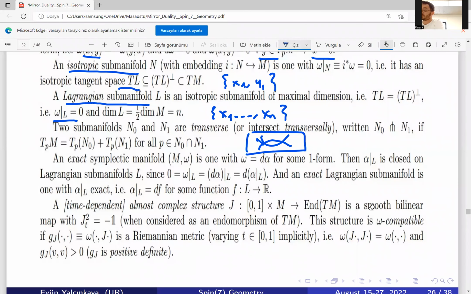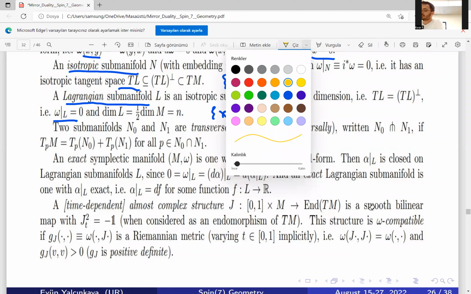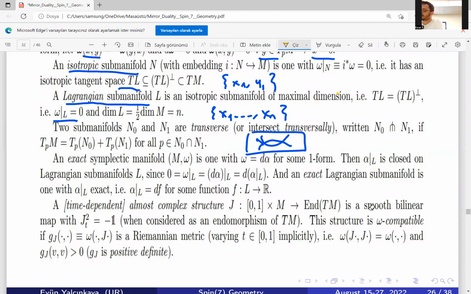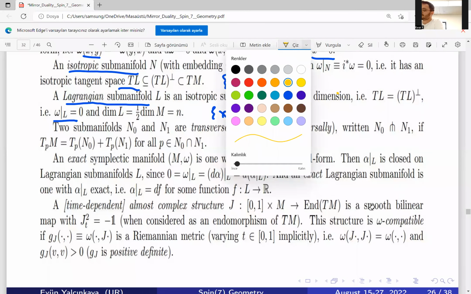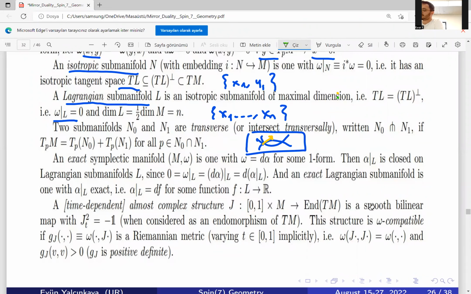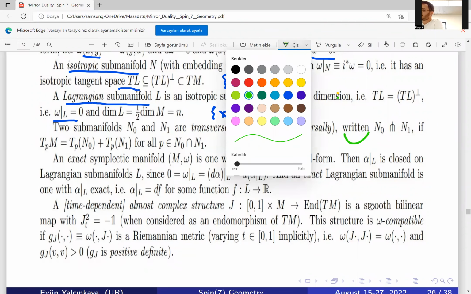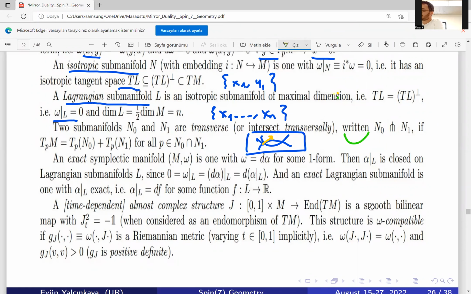This one is one of them, this one is another. But if you look at the other intersection, this one, and here the other one.